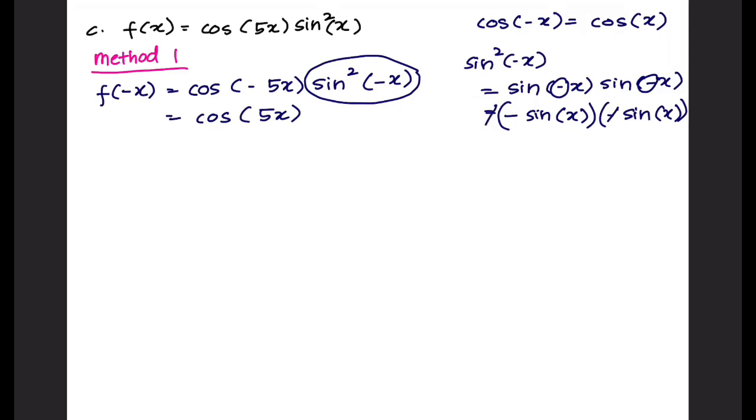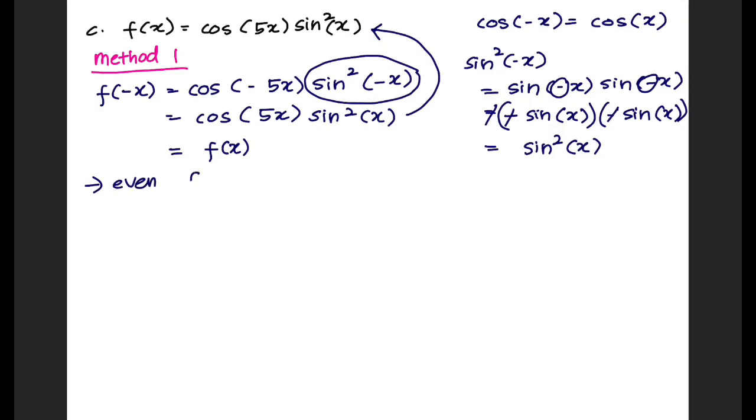So this negative you can cancel. You will get sine square x. Then compare with f(x). You can see that they are the same, so equal to f(x). So the function is an even function.